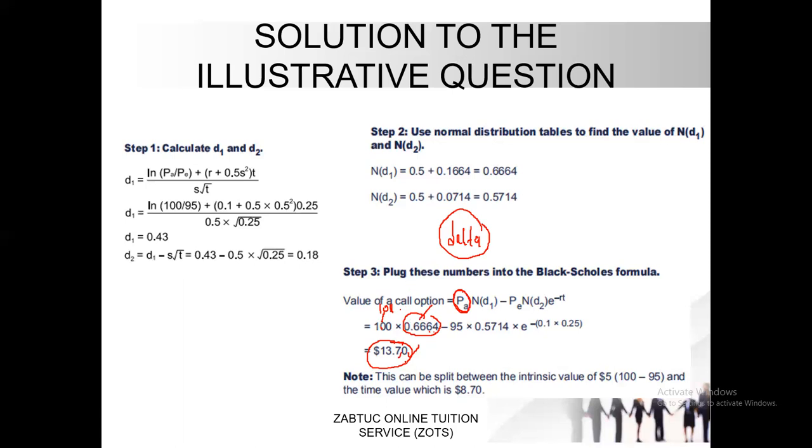So what is the delta? The change in the value of the option arising from a $1 change in the value of the underlying asset.